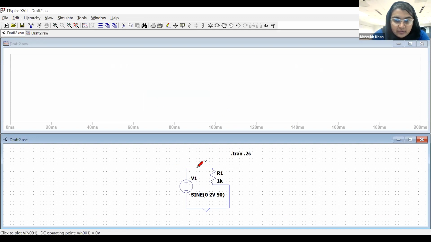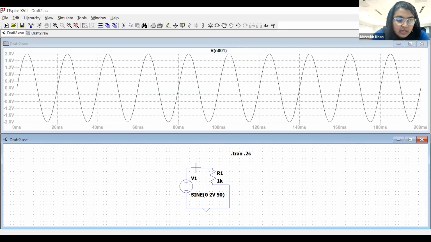So if I hit run here, you can see this is my waveform. One more thing is that 50 hertz is the frequency I set.